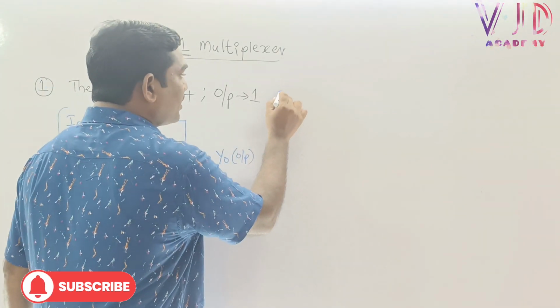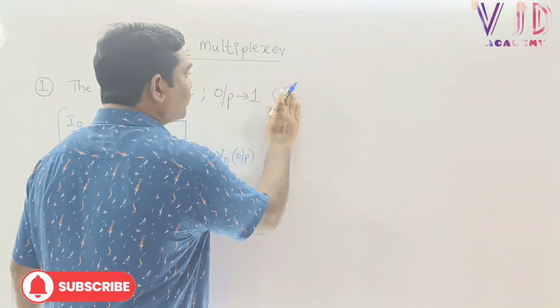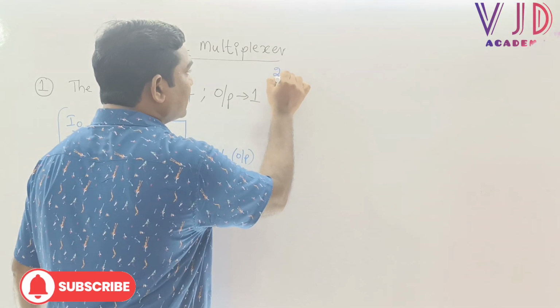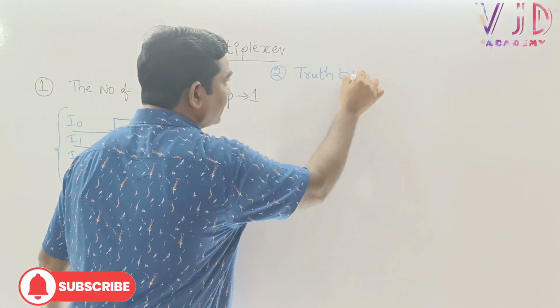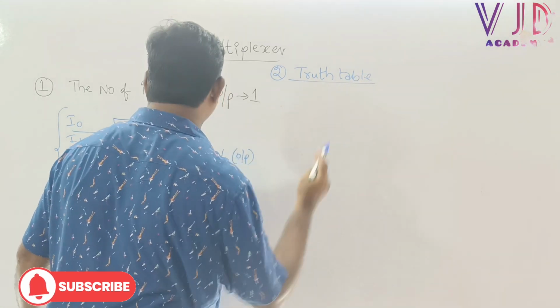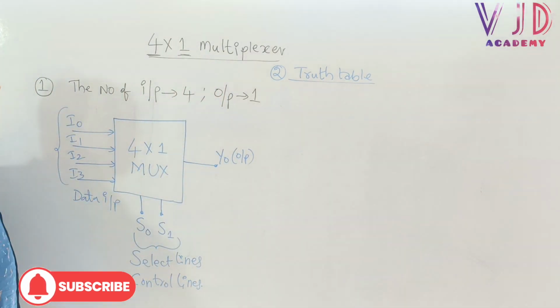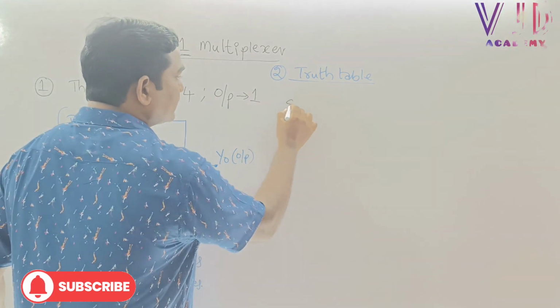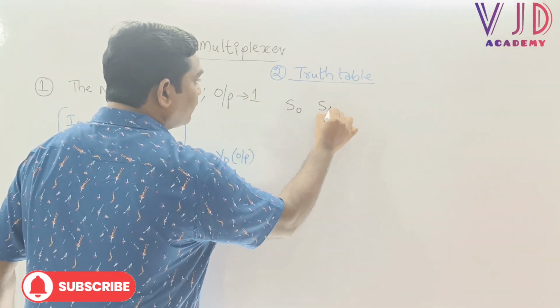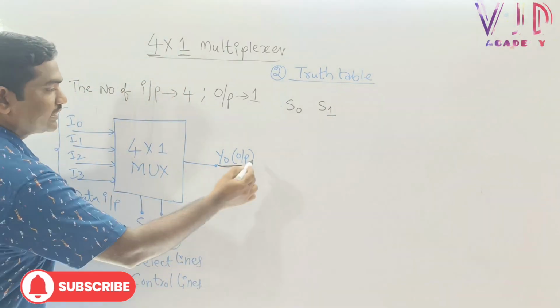And the second point is the truth table. How to write a truth table? Here we have two select lines, S0 and S1, and the output is Y0.